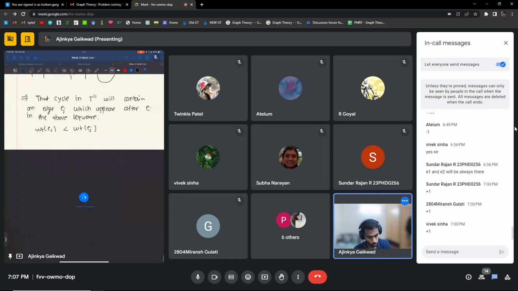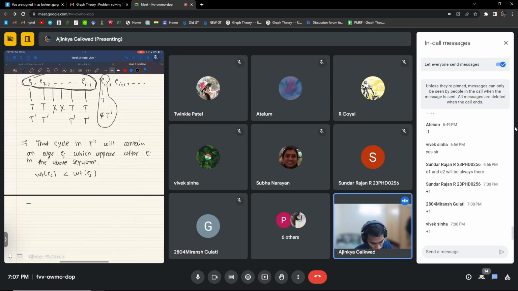So I can construct another spanning tree T triple prime, which is T prime union EI minus EJ. Then the weight of T triple prime is the weight of T prime plus weight of EI minus weight of EJ.